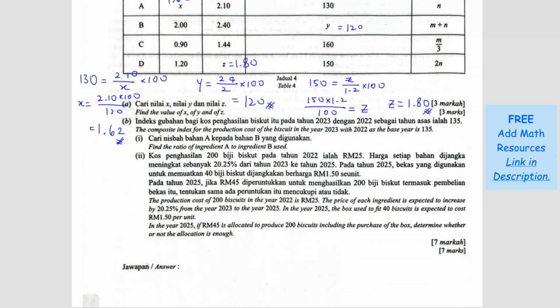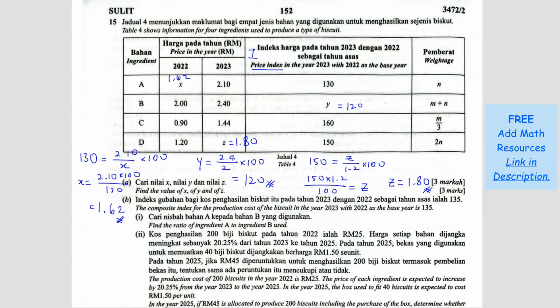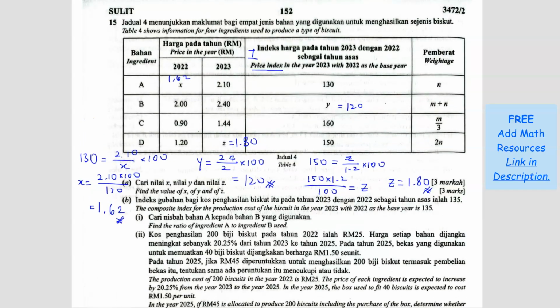Done. Question B1. Find the ratio of ingredient A to ingredient B. That means they want to find the ratio for the weightage. They gave us this information: the composite index for the production cost of the biscuit in 2023 with 2022 as the base is 135.